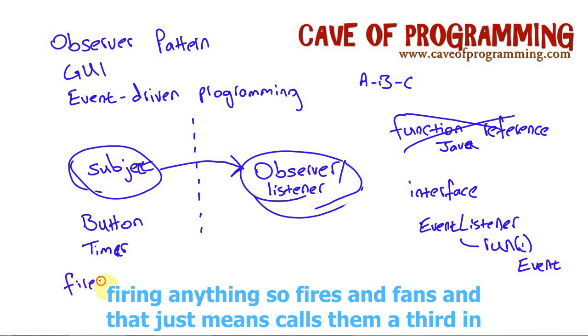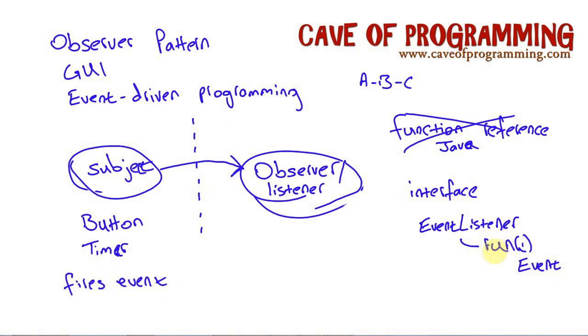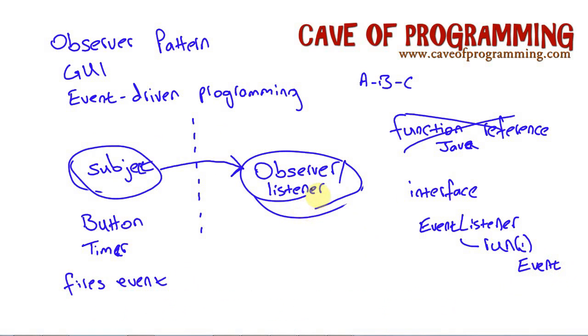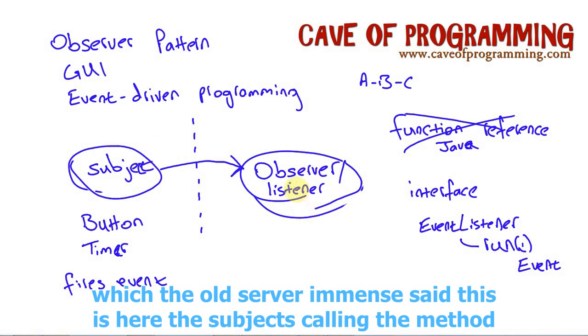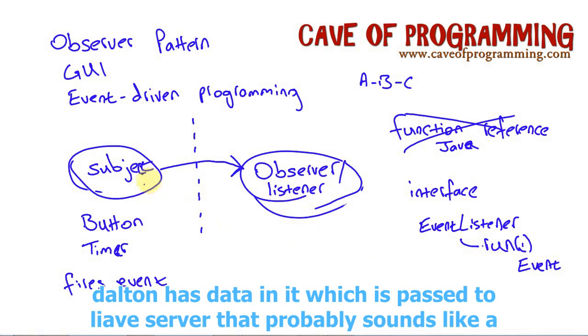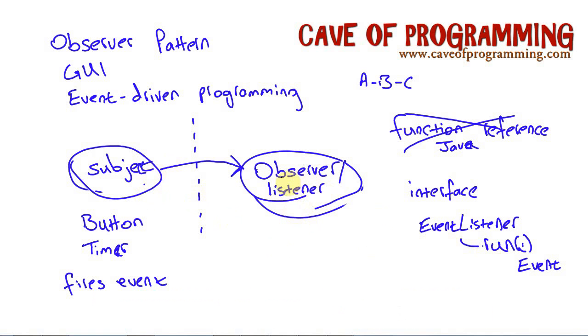So it fires an event, and that just means that it calls the code in the method that the interface specifies, which the observer implements. So here, the subject's calling the method in this run code, and it passes it some object called an event or an event object, and that object has data in it, which is therefore passed to the observer.